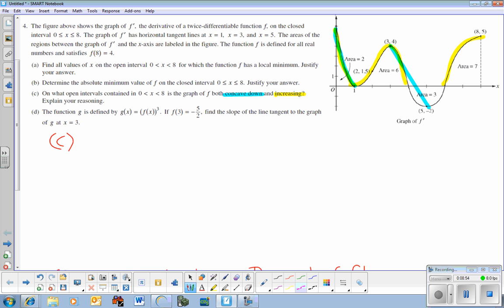So my answer is f is concave down and increasing from 0 to 1 and from 3 to 4.